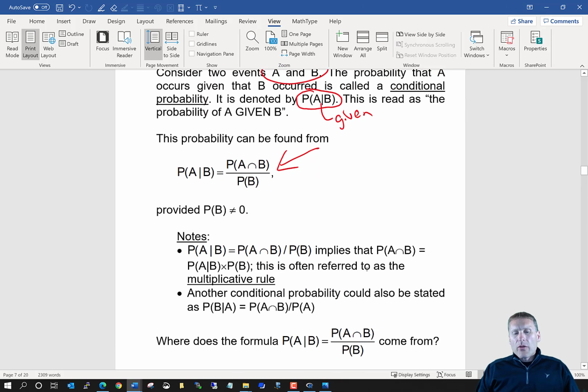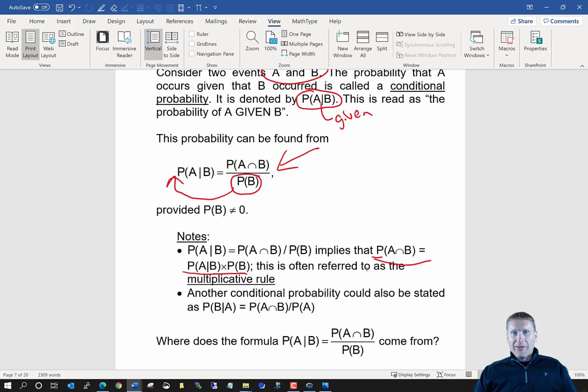Okay, so let's take a look at some other ways to express this. I could multiply both sides by the probability of B, and look what happens. That probability of B comes over to the left side, and so now we have this expression: the probability of A intersect B is equal to the probability of A given B times the probability of B. So now we have another way to find this joint probability.